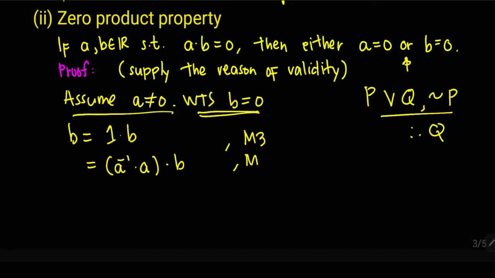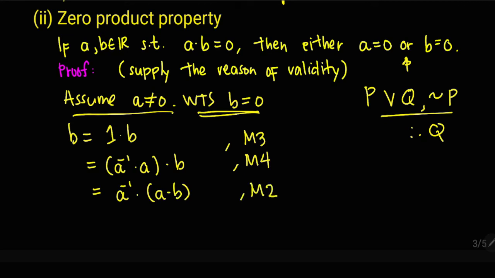That's the existence of multiplicative inverse. We were able to determine that a must have an a inverse because of the assumption that a is not 0. Now, we can regroup multiplication. That's associative property of multiplication. So, we have a inverse times quantity a times b, or that's M2.